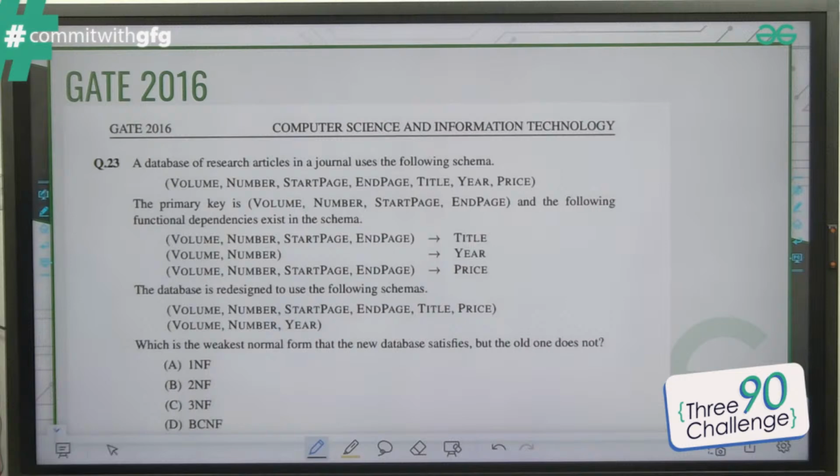So first of all, we'll find the normal forms for old and new. So how can we find?